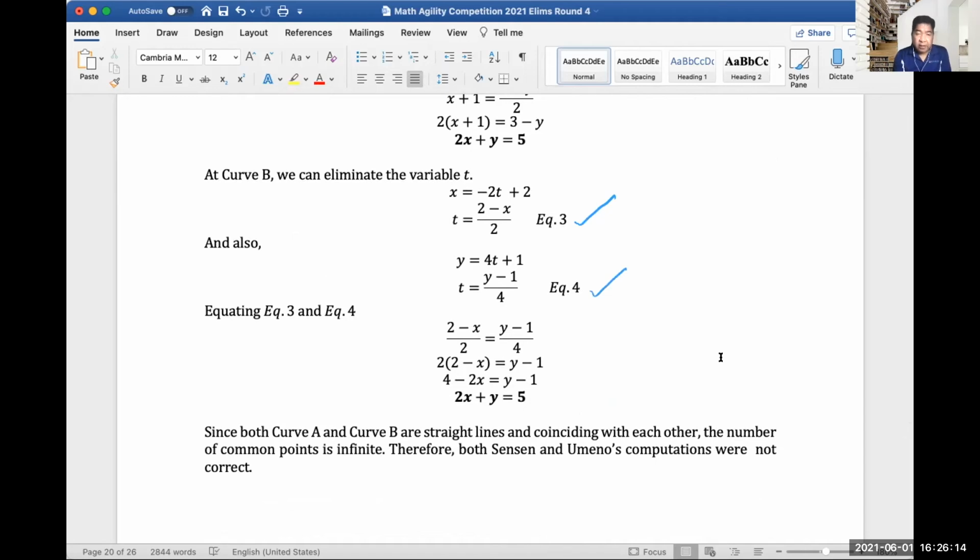Similarly to what we did, we equate 3 and 4 to eliminate the variable t, and we have 2x plus y equals 5. Since both curve A and curve B are straight lines, they are exactly the same line, coinciding with each other, so the number of common points would be infinite. So both Sensen's and Umeno's computations were not correct, right? You get 4 points if you answer this correctly.